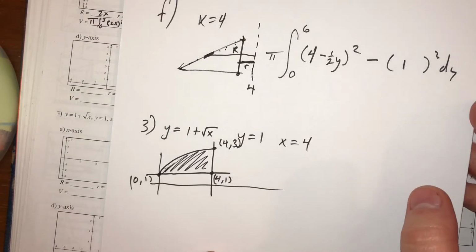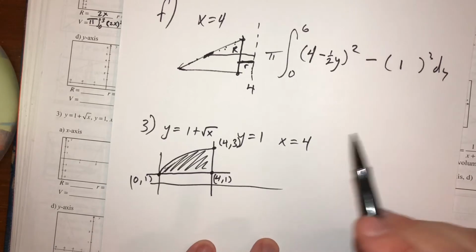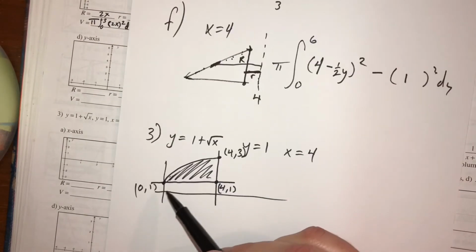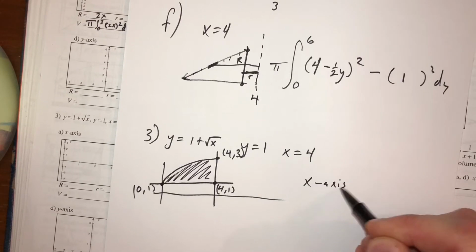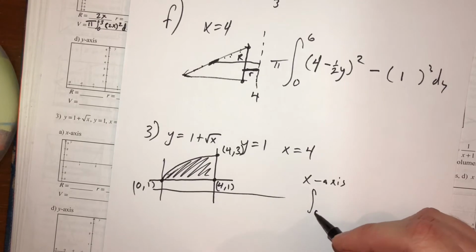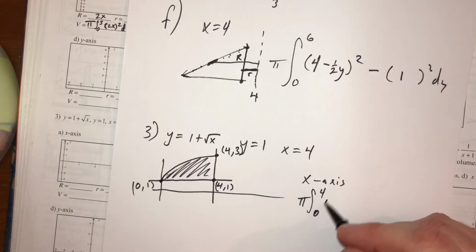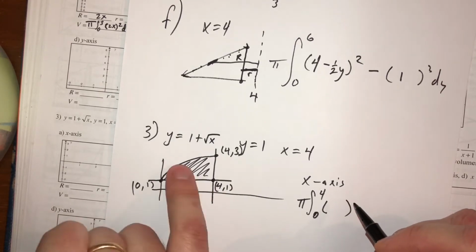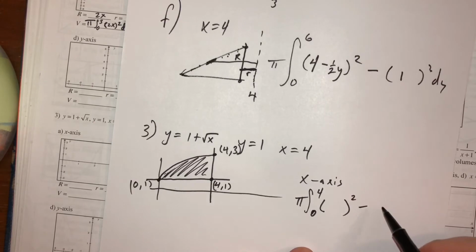Okay, let's see. First one says to go around the x-axis. So that's this guy right here. If I'm doing x-axis, we're going from 0 to 4. We've got a pi. And there's space between the shaded region and our axis, so I'm going to have 2 separate radii.